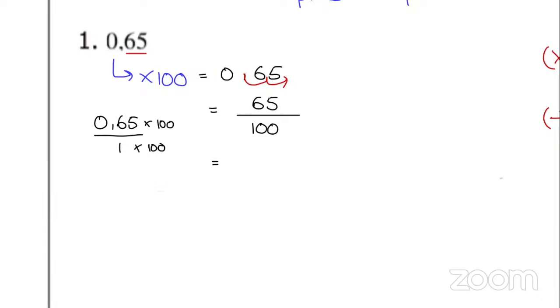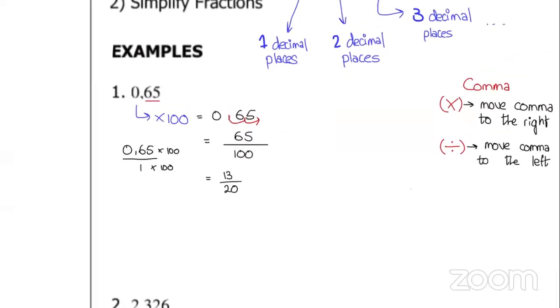So this simplifies to 13 over 20, if I'm not mistaken. Let's double check. Yeah, 13/20. Okay, so you should simplify the fractions as well.